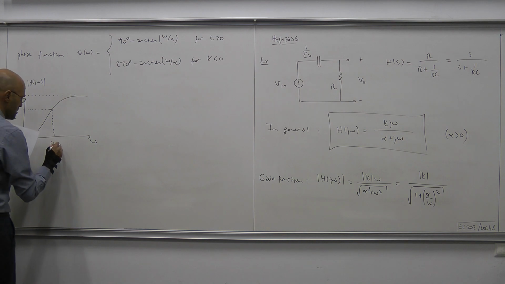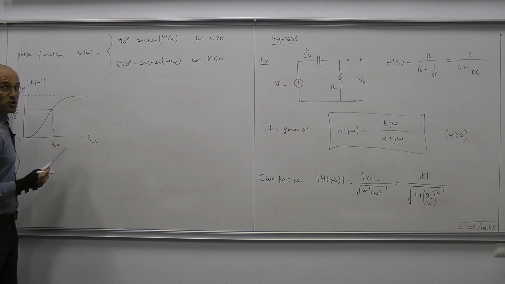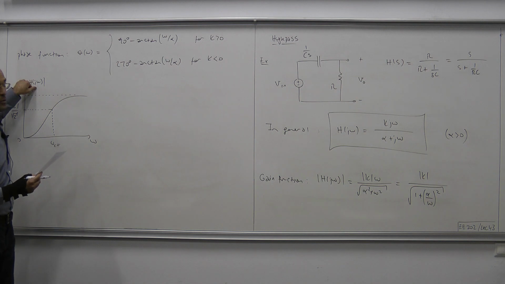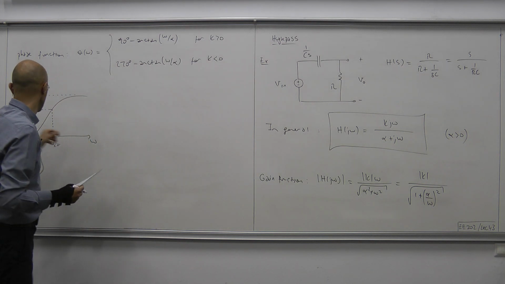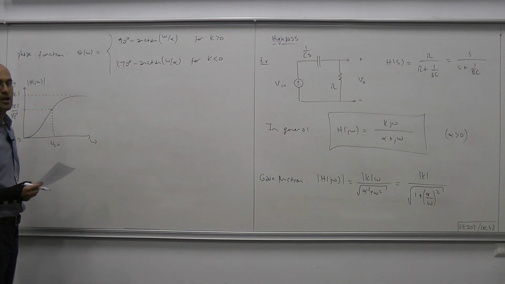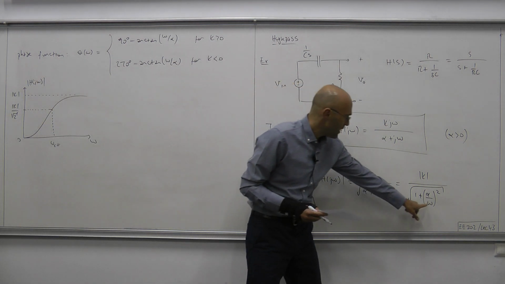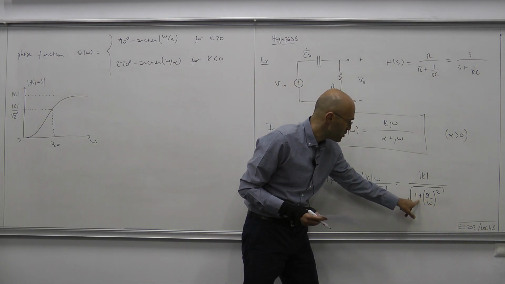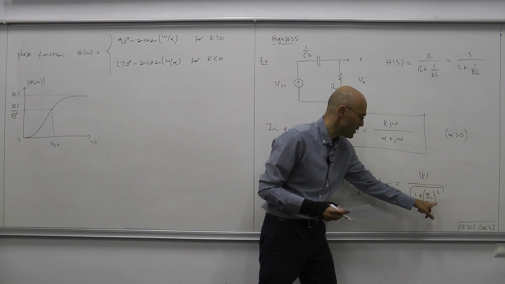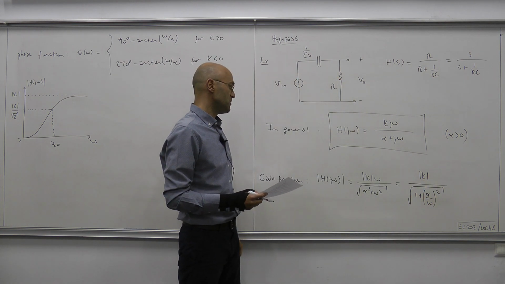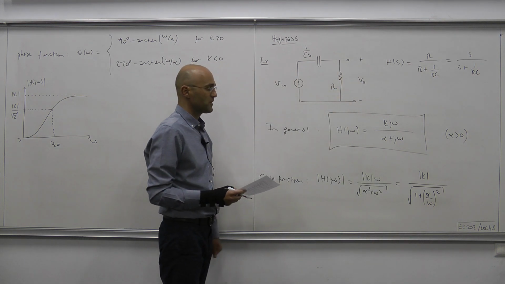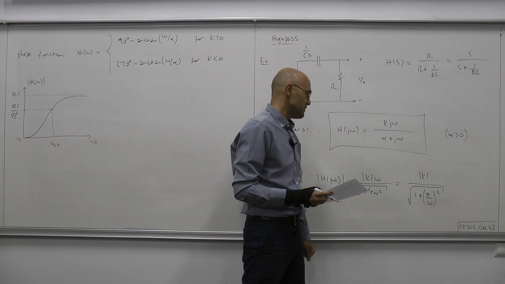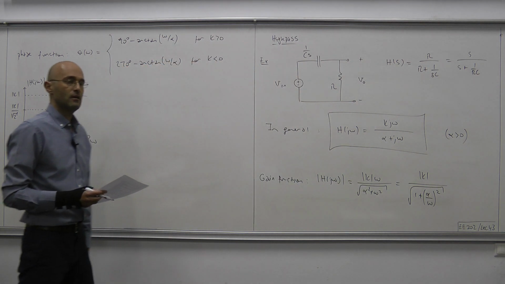So that makes the cutoff frequency equal what? This is the maximum gain that we can achieve. Divide that by square root of 2 and look at the frequency at which this value, k over square root of 2, is attained. Now it's clear that if omega equals alpha, this is 1 plus 1, which is 2, then k over square root of 2 is achieved. So that means the cutoff frequency for our high pass filter is omega equals alpha.